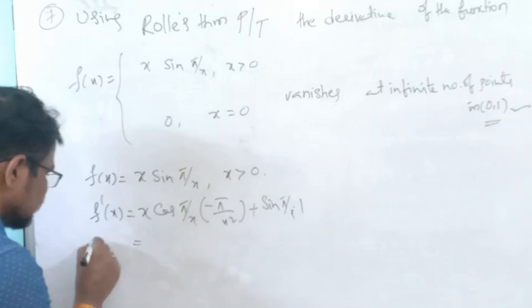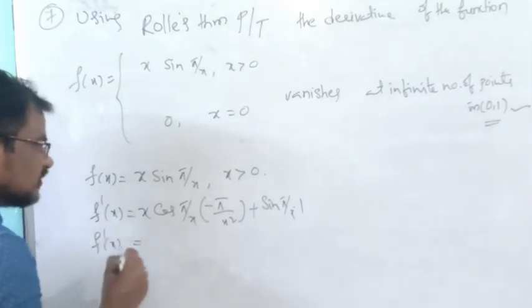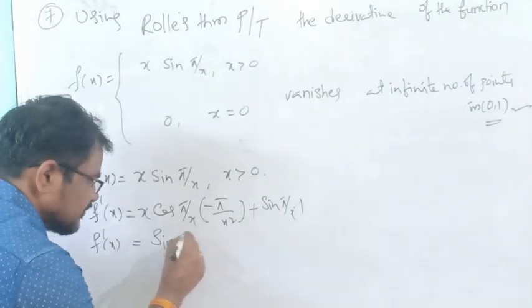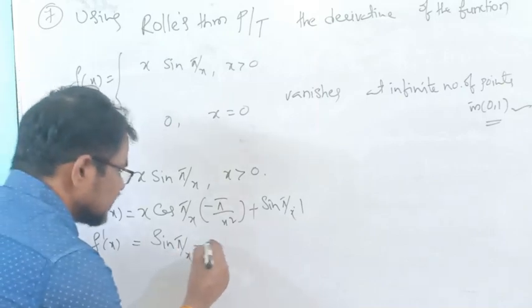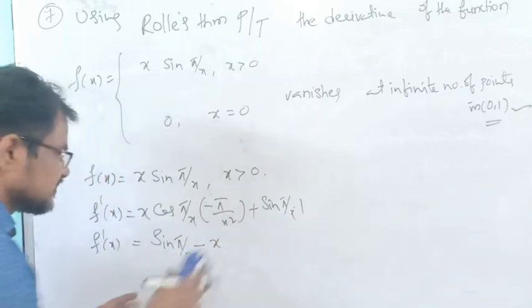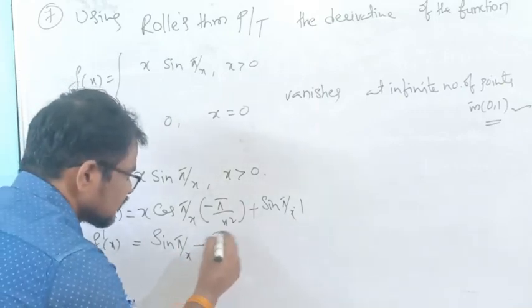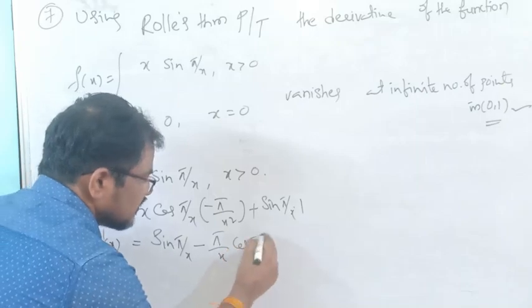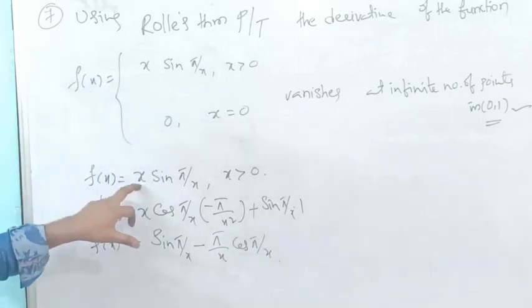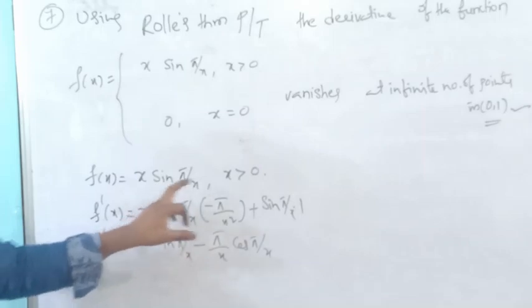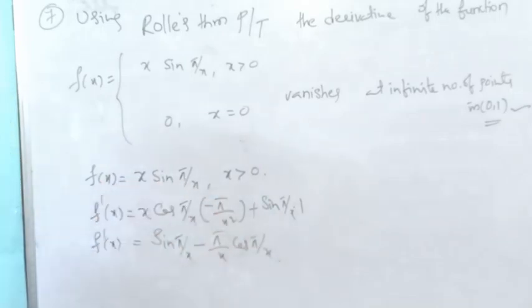Now f dash of x equal to sin pi by x minus pi by x cos of pi by x. Differentiation of this one is this one, and this sin pi by x, differentiation of x is 1.